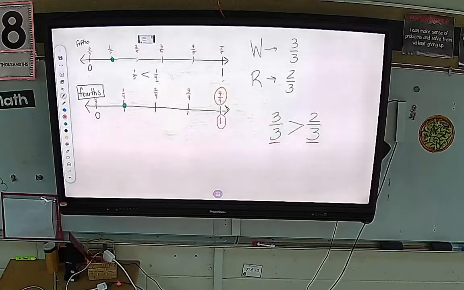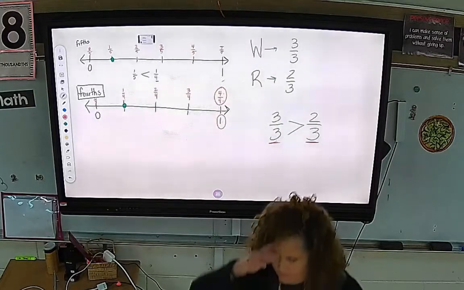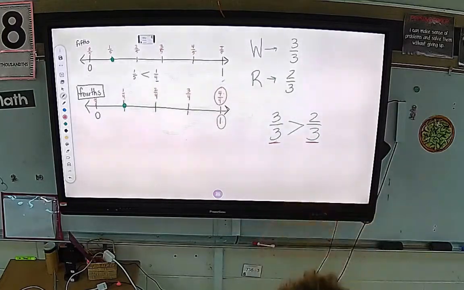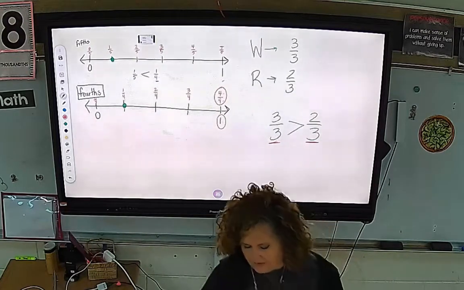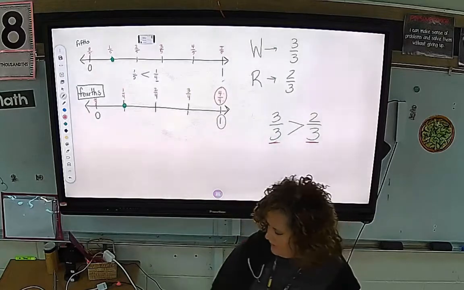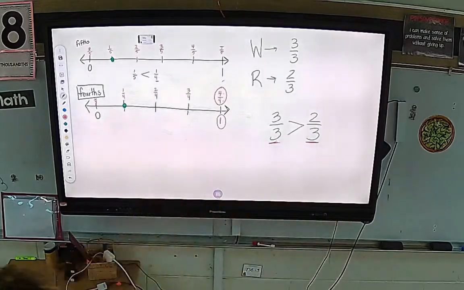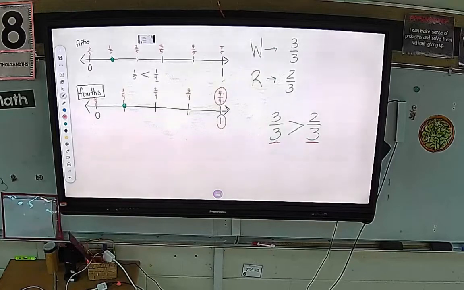Pick one. 4 eighths. Okay, 1 eighth. I pick 1 eighth. All right, give that a try. Good shot. We're going to leave that right there to show that somebody did hit that mark.